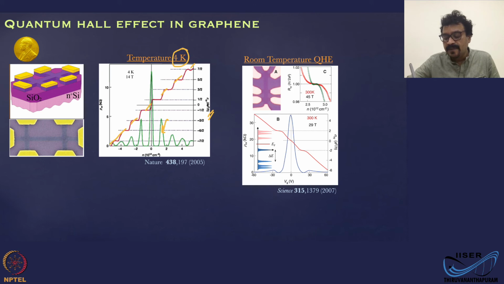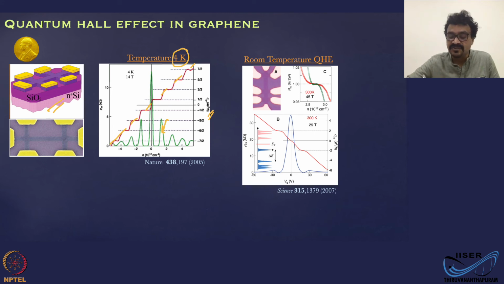And the detailed physics, if time permits, we will discuss, but that has to do with the nature of these charge carriers. Those are not the normal conduction band electrons that you find in this kind of free electron gas, the silicon or gallium arsenide material. Here you have a Dirac particle, massless fermions, and you have valleys, and you have spin degeneracy.